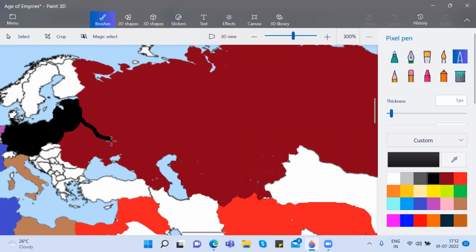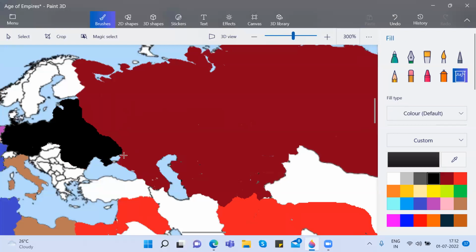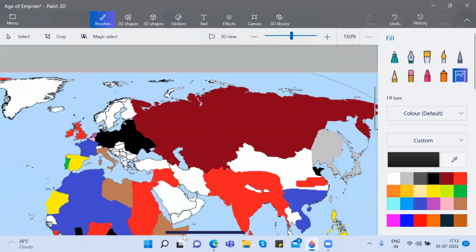And they also managed to push in here and spread up this land. And now Russia decides again to sue for peace. And after suing for peace, this is what is left of Russia.